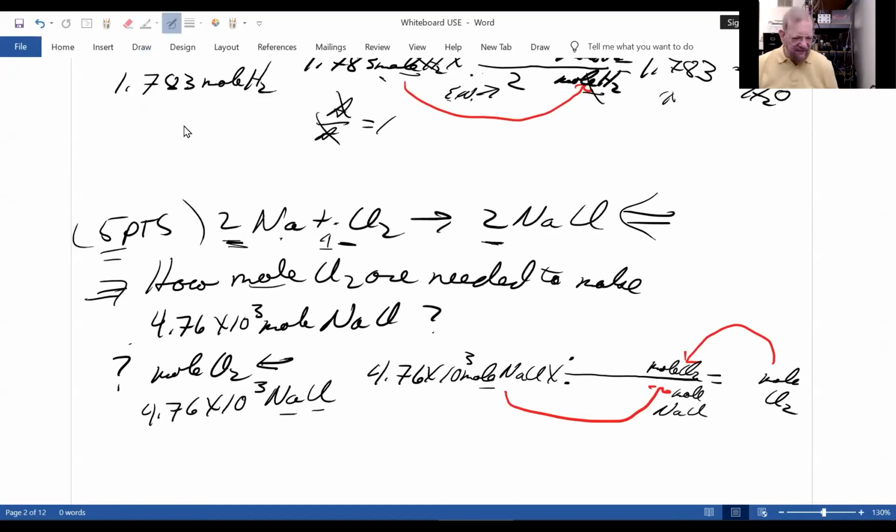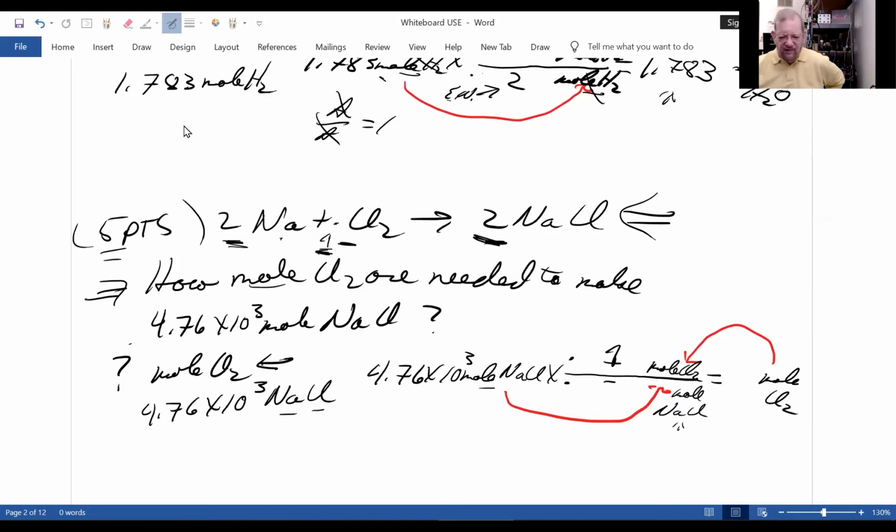I'll say it again. For every 2 moles of sodium, I react 1 mole of chlorine, Cl2, to make 2 moles of sodium chloride. So if I know for every 1 mole of chlorine, how many moles of sodium chloride do I make?